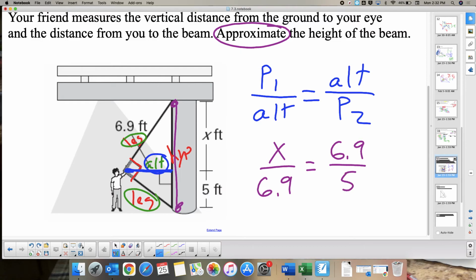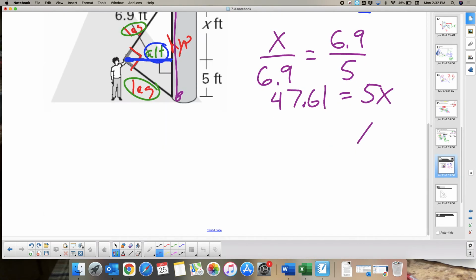So we cross multiply here. 6.9 times 6.9 gives us 47.61. 5 times x gives us 5x. Finally, we divide. We get x to equal 9.52.